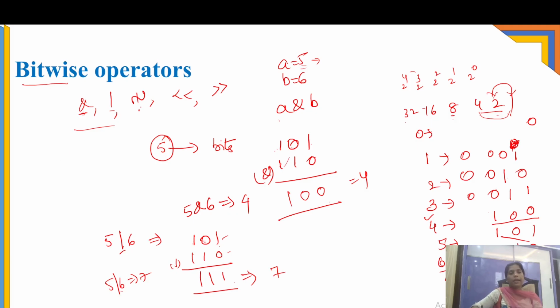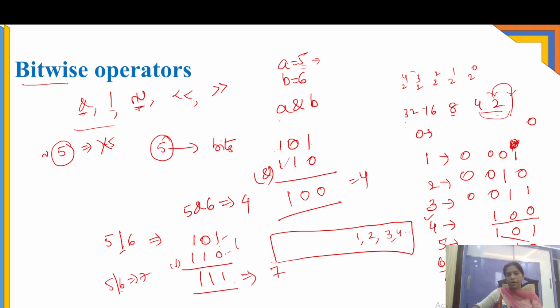Here, negation. For example, the negation of 5 is minus 6. See here, we have positive numbers 1, 2, 3, 4 and so on, and 0 is also there, right? Then minus 1, minus 2, minus 3 and so on.